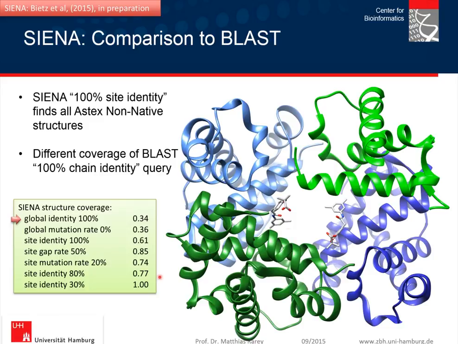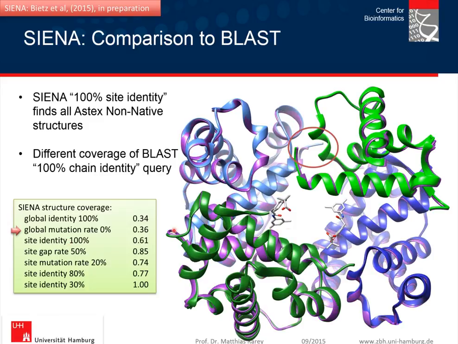So if we go to a global mutation rate of 0%, we find structures like this. So we allow insertions, which allow you to handle extensions of the structures like you see here, which is difficult to find out with the BLAST search, where you can say I want to have 90%, but if you do that, you might have changes at different parts and not just elongations.